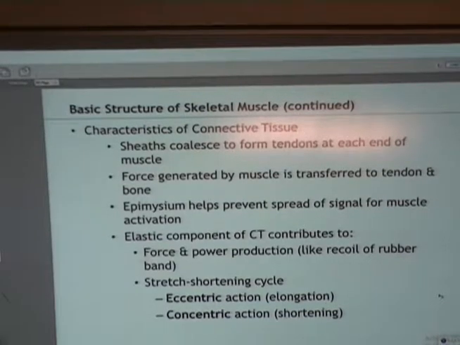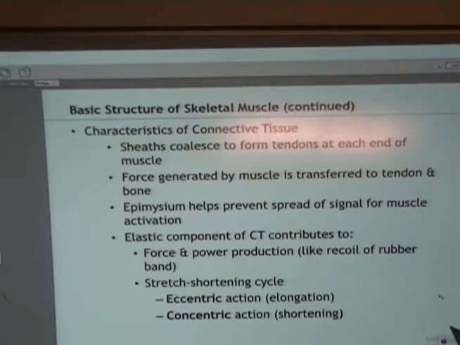And that's important because your brain wants to turn on different muscle fibers within the same muscle at different times. So we don't want leakage of a muscle signal for contraction from one set of fibers to another set of fibers.